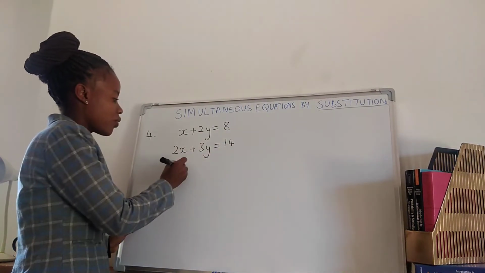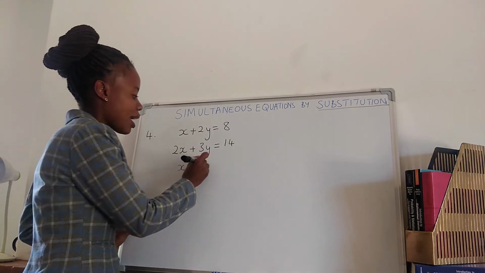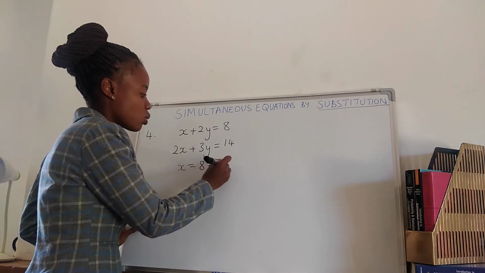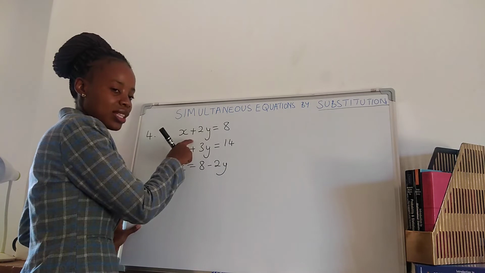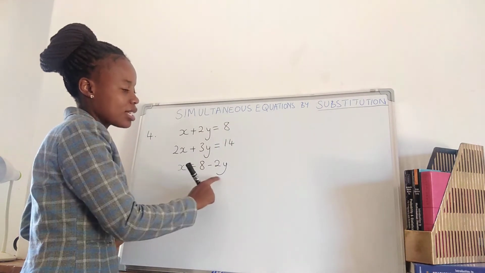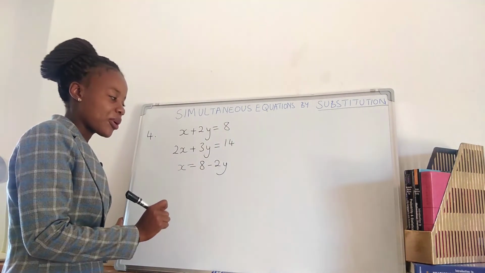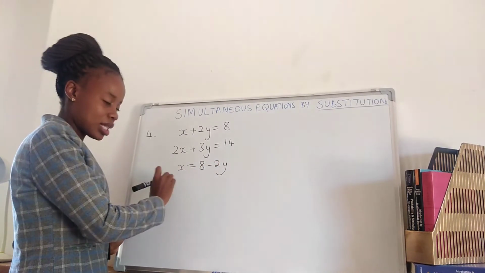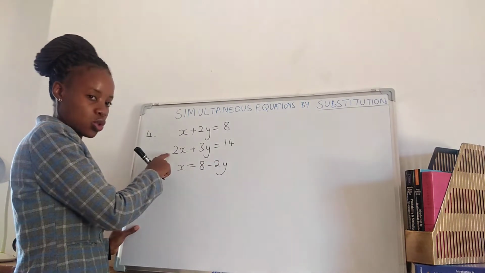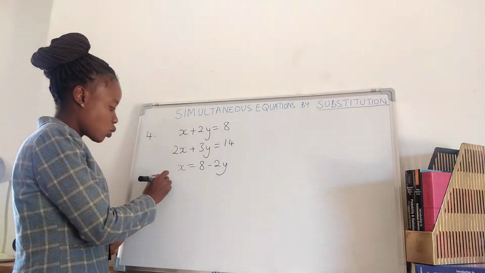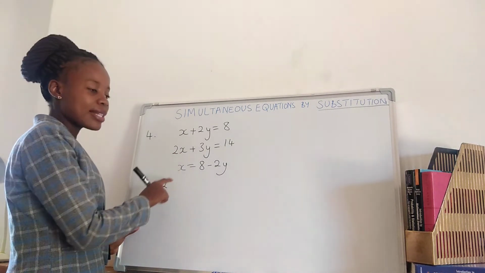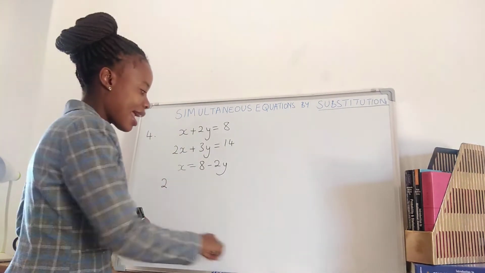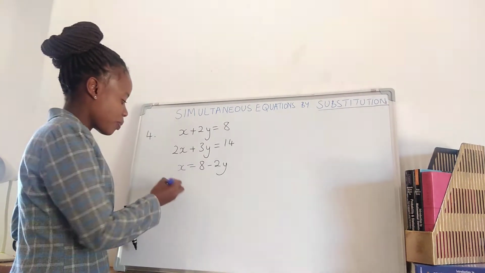So we're going to have x equals 8 minus 2y. 2y was positive on this side, so when you take it to the other side, it's going to be minus 2y, okay? After that, we substitute this equation 3 in equation 2, okay? So we're going to have 2, we're supposed to write x, and our x we say is 8 minus 2y.